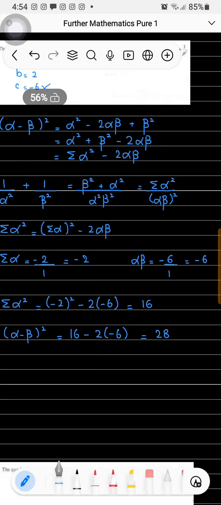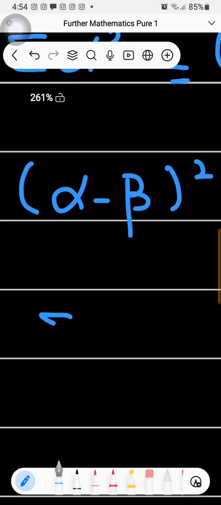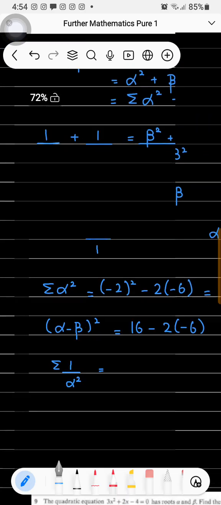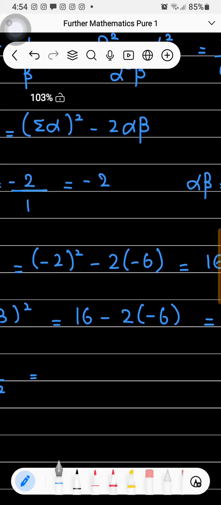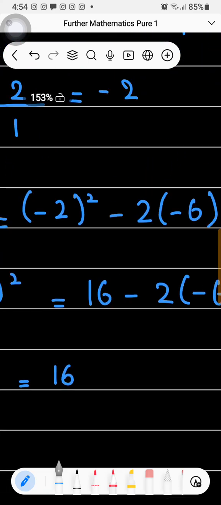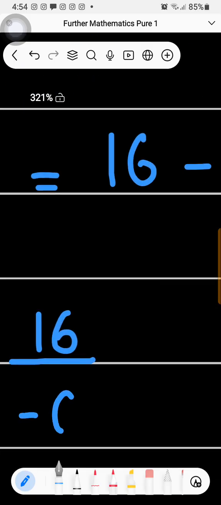Then we have to find out sum of 1 upon alpha square. What was the formula for this? Sum of alpha square, which was 16, upon alpha beta, which means minus 6.